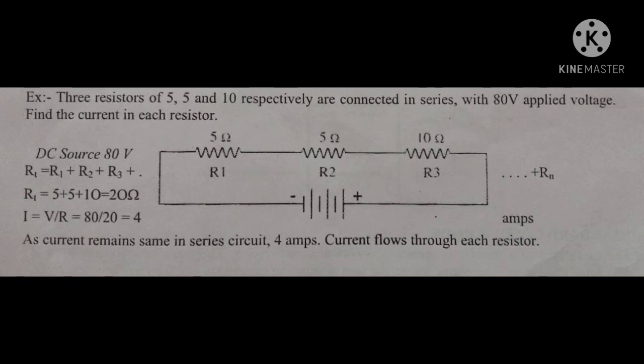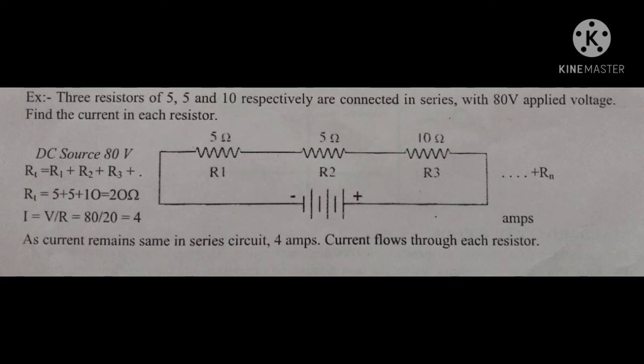So as we know, we can simply add the resistors which are in series. So we will just add R1 plus R2 plus R3, and that addition is RT, that is R total. That will be 5 plus 5 plus 10 equals 20 ohm.